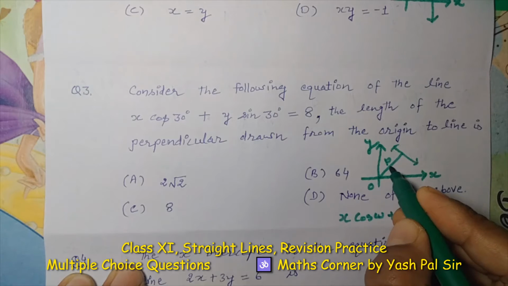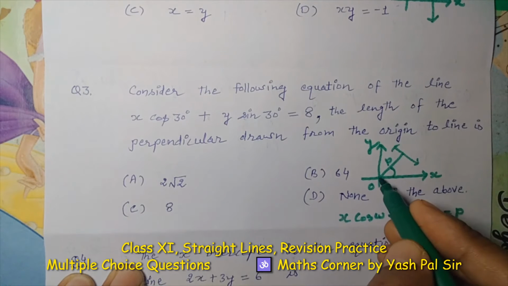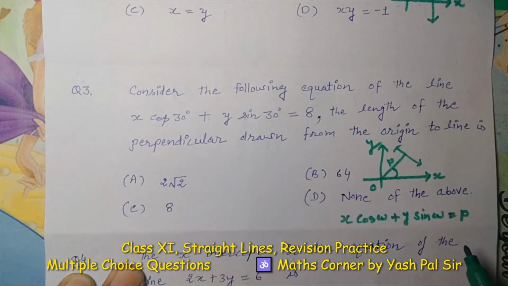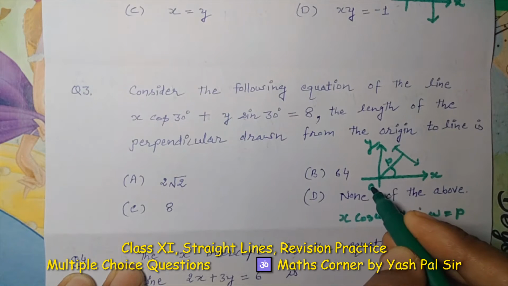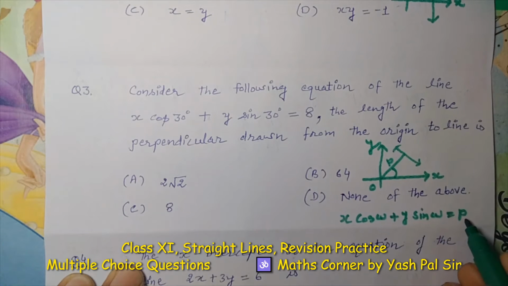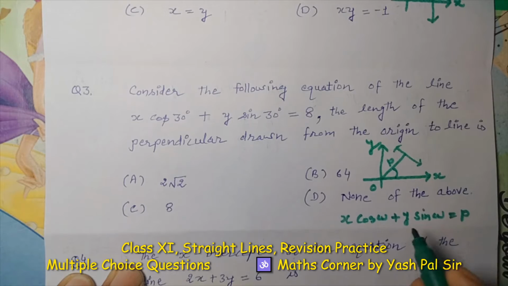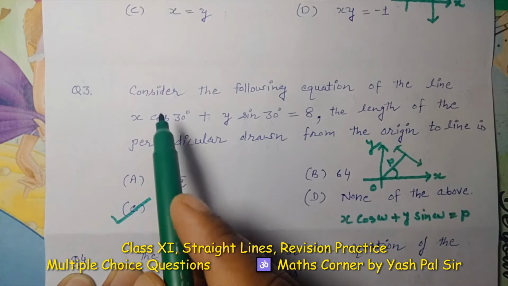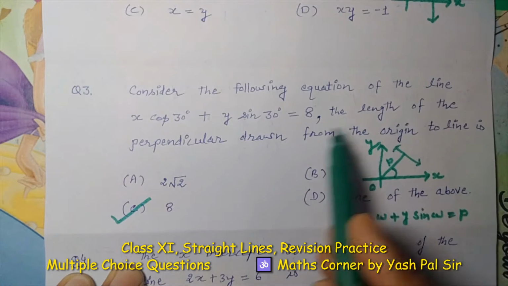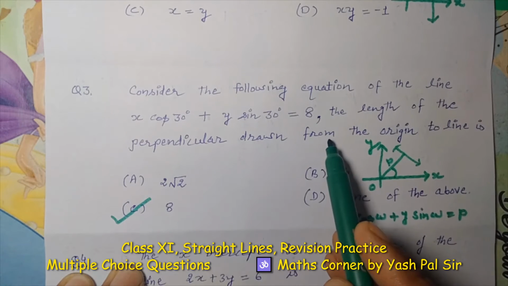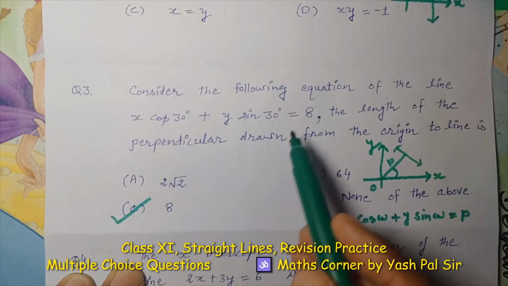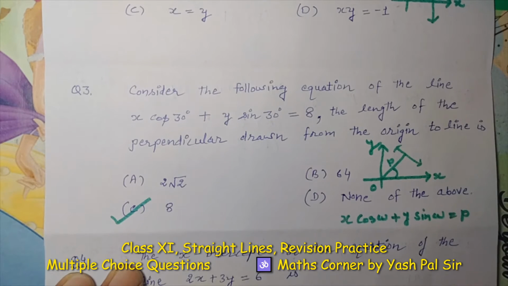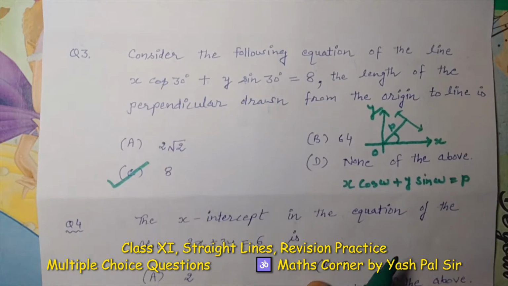Omega is the angle made by this normal with x axis, and p is the distance from the origin to the line. So right hand side p is the distance. So 8, option number C, right? The length of the perpendicular drawn from origin to the line is 8. Option number C is the correct answer.